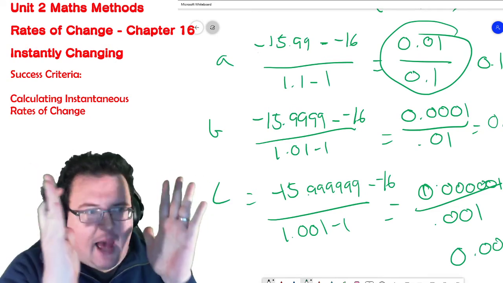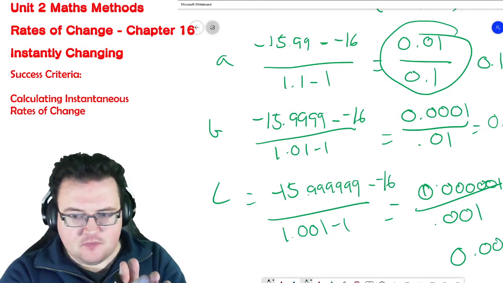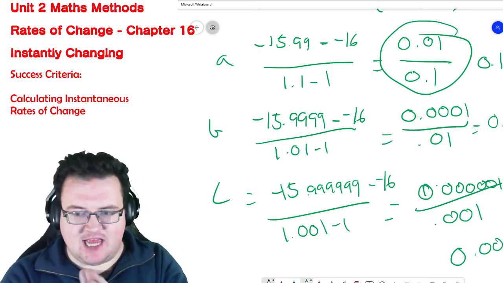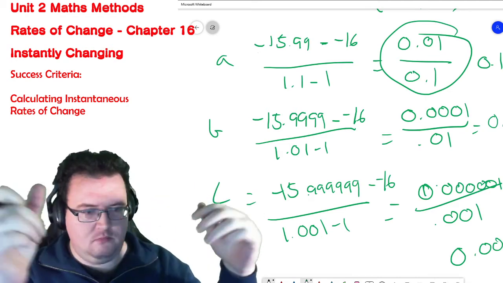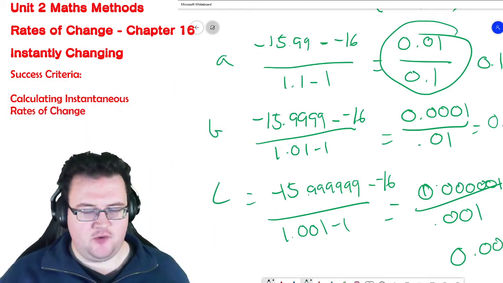So as the gap between the 2 points gets closer and closer, you can start to say that for that particular point, it's just going to be 0.